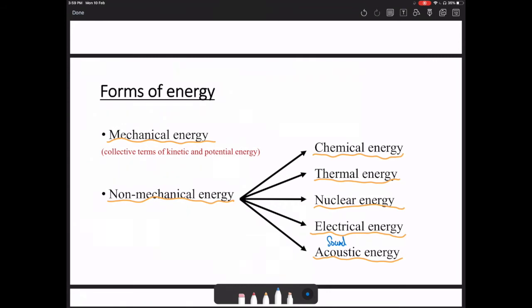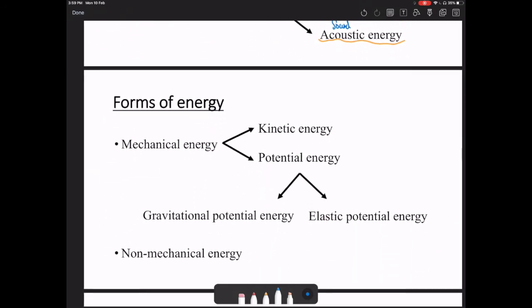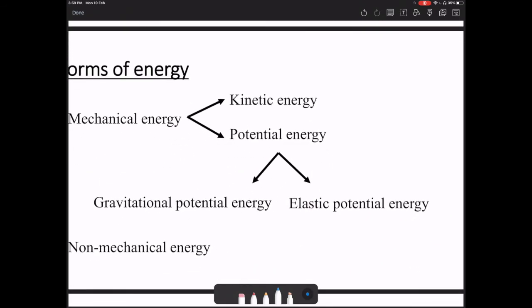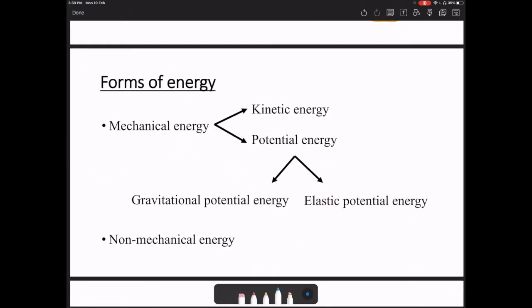Now, let's talk about mechanical energy. Mechanical energy is a collective term for kinetic and potential energy.